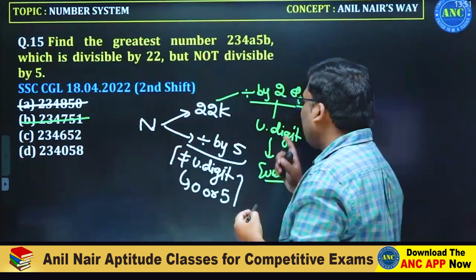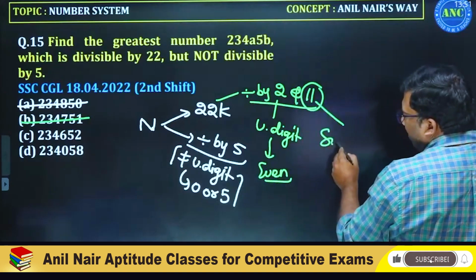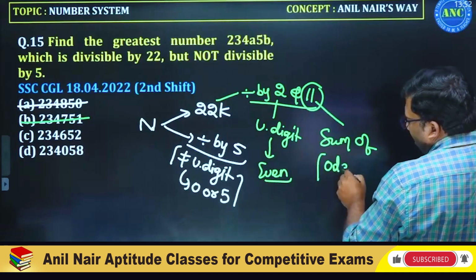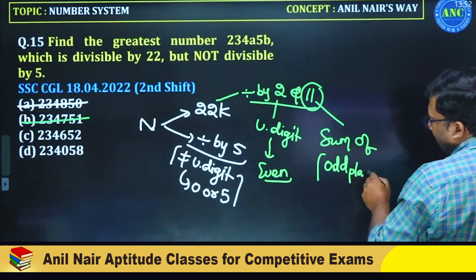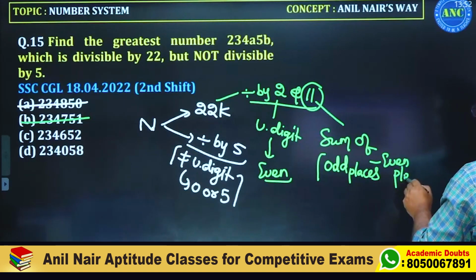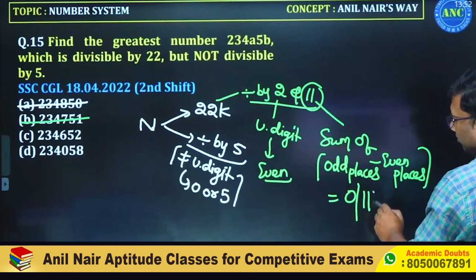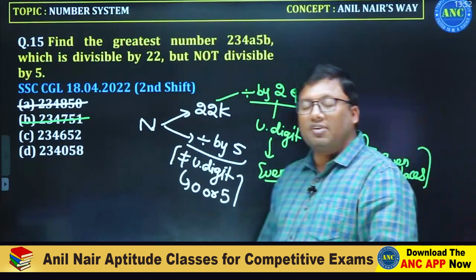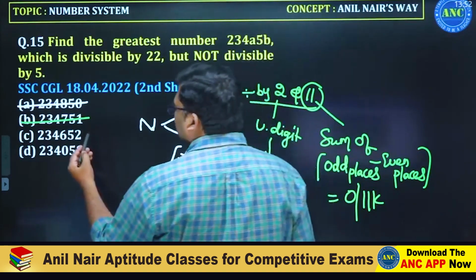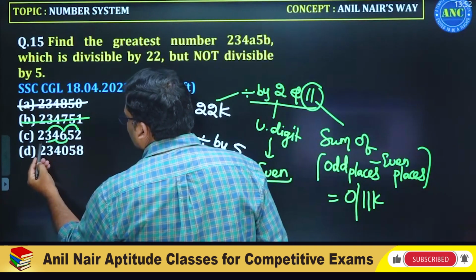Now it should be divisible by 11. Divisible by 11 means the sum of odd places minus the sum of even places should be either 0 or a multiple of 11. 8 plus 3, 11. 9 plus 2, 11.